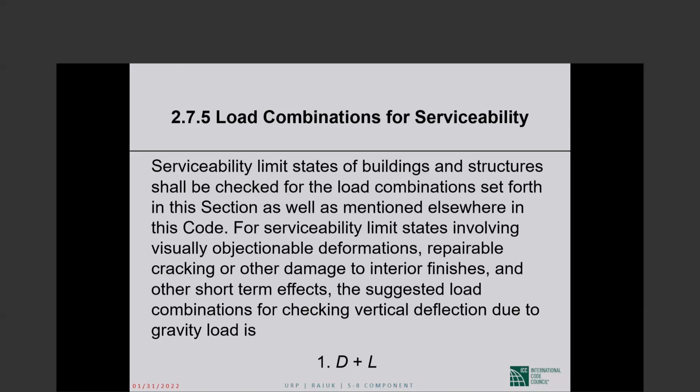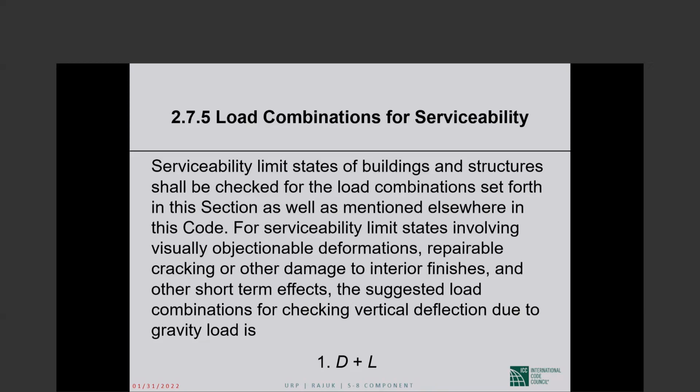For serviceability limit states involving, this is important, visually objectionable deformations, irreparable cracking, or other damage to interior finishes, and other short-term effects.